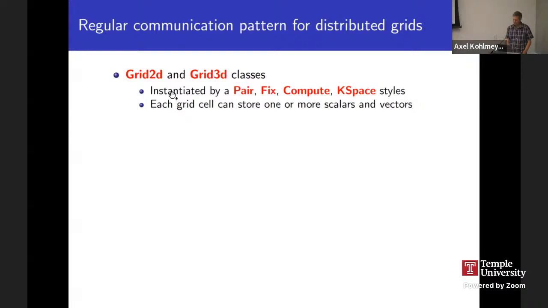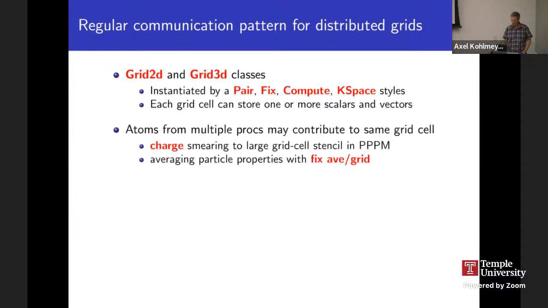And so a pair style, a fix, a compute, or a k-space style like P3M can instantiate instances of these grid classes. And each grid cell can store whatever information the parent, the pair or the fix, decides needs to be stored with that grid cell. So on a single geometric grid, the parent can decide, I'm going to store one or more scalars and/or one or more vectors for quantities of information on each grid cell.